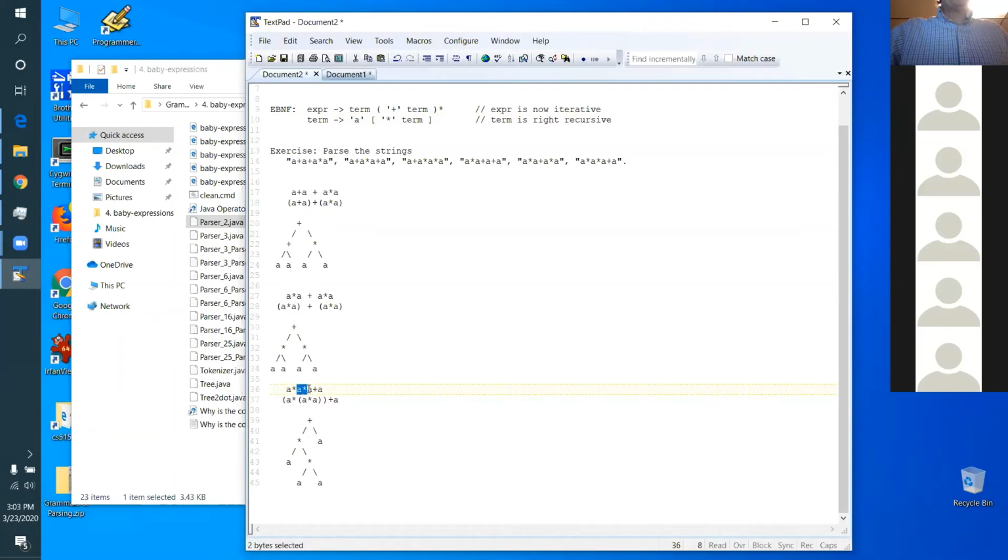We're going to pick up that term there. So expression is a term. That term is going to be this whole thing, actually. Term is an A, that's this guy, times, that's this guy, and then another term, and that term's going to end up being those three characters, okay? Right?